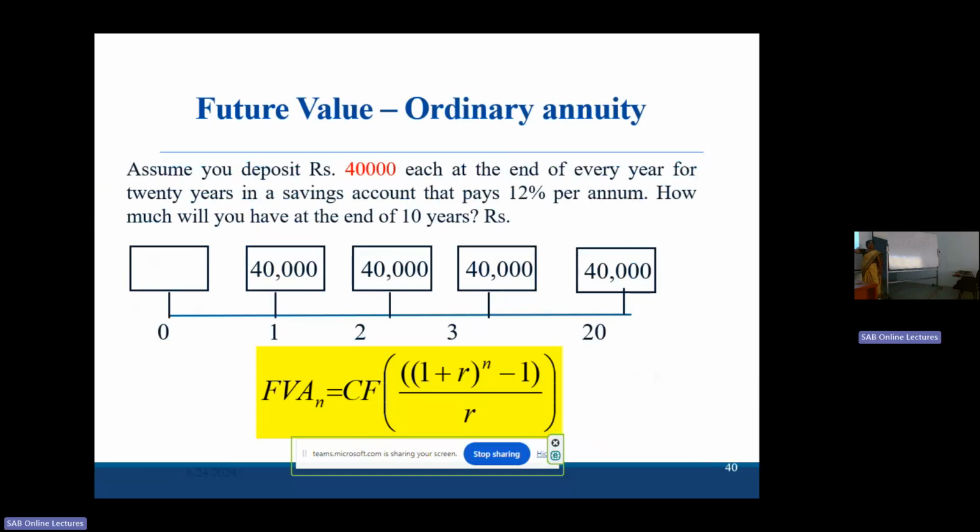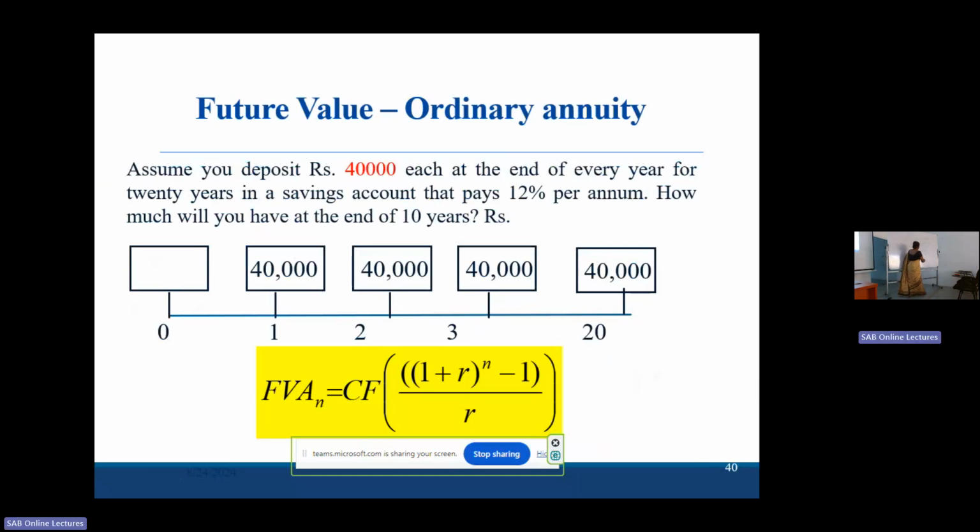Future value of the ordinary annuity is equal to the cash flow, that is your periodic payment. In this example, your periodic payment is 40,000, deposited at the end of each year. So that is the periodic payment into (1 plus r) to the power n minus 1, divided by r.